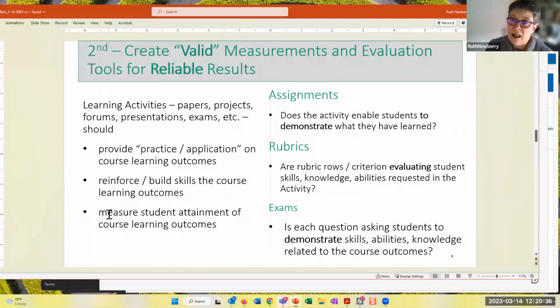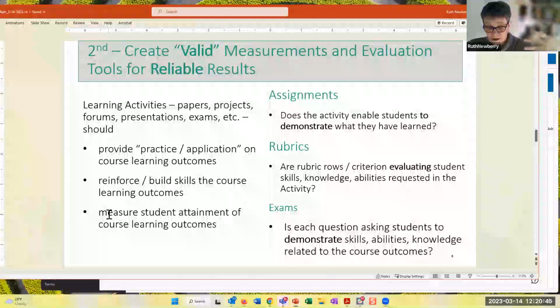So there's a level of knowing that the assignments in your courses and the measurement tools are valid in the sense of, do they align to the curricular level?